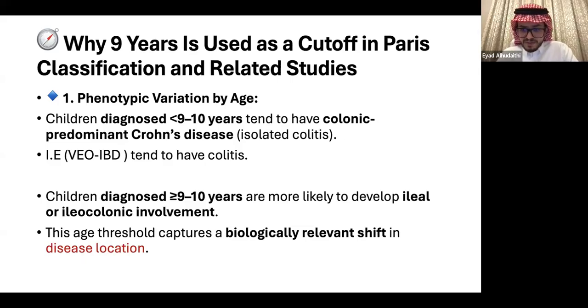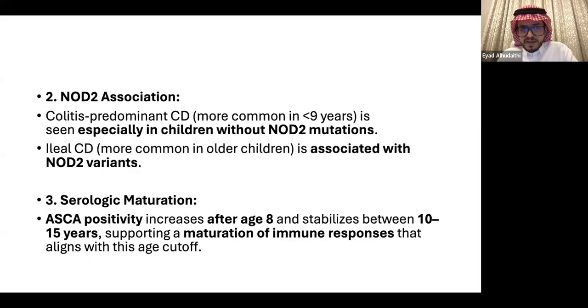So the first thing they captured is the location. The second thing they noticed is the NOD2 association. Colitis predominant Crohn's disease is more common in those less than 9, as we said before, seen especially in children without NOD2 mutation.